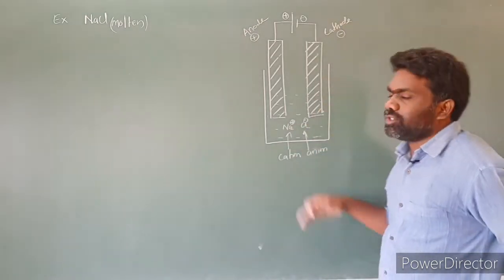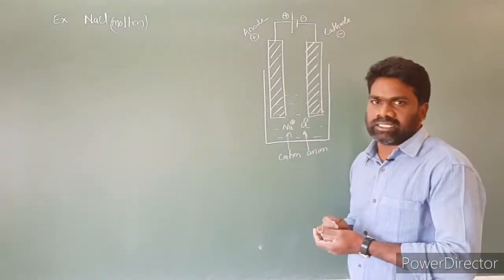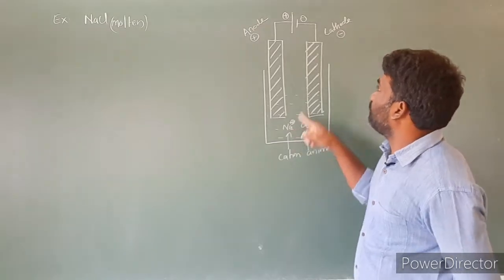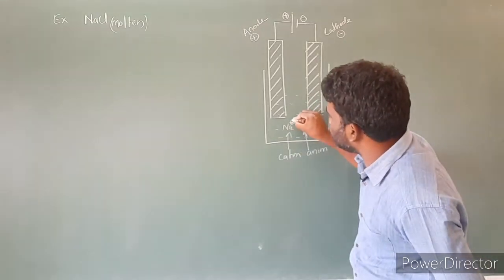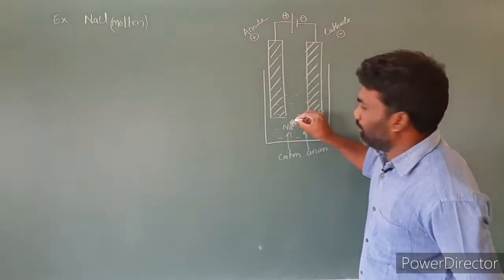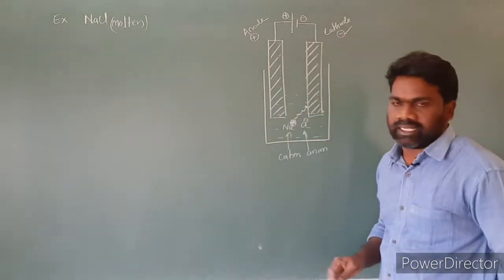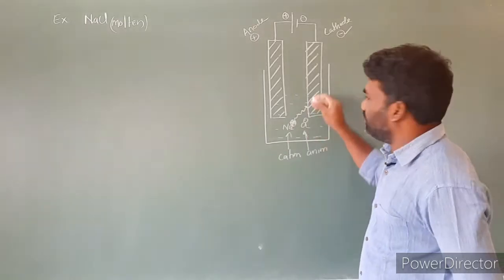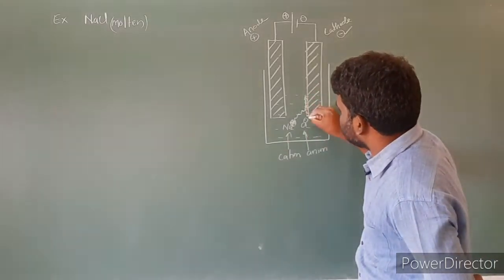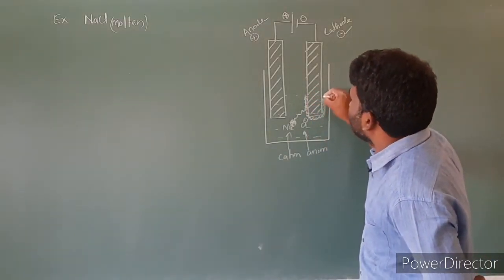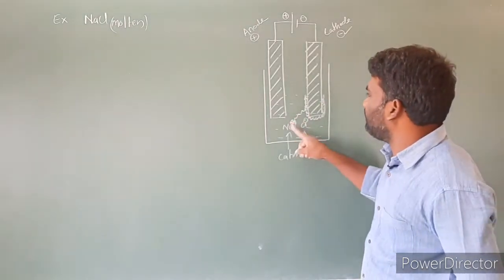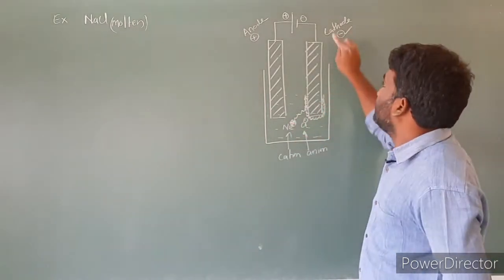Now if you pass current into this molten NaCl, then cations migrate towards the cathode, because the cation has a positive charge. Positive ions migrate towards the cathode, which is negative. Cations migrate towards the cathode and deposit here. Na+ sodium ion will deposit in the form of sodium on the cathode.